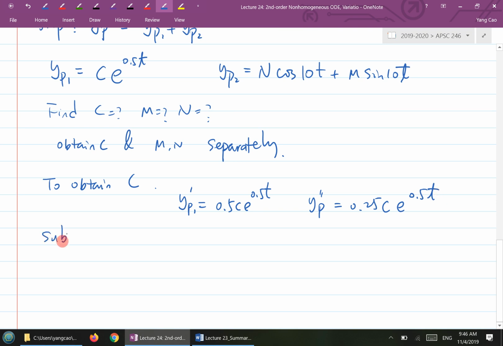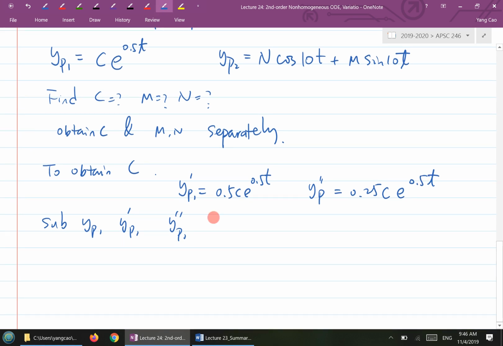And then we substitute yp1 prime, yp1 double prime back into y double prime plus 2y prime plus 5y equal to e to the power of 0.5t.